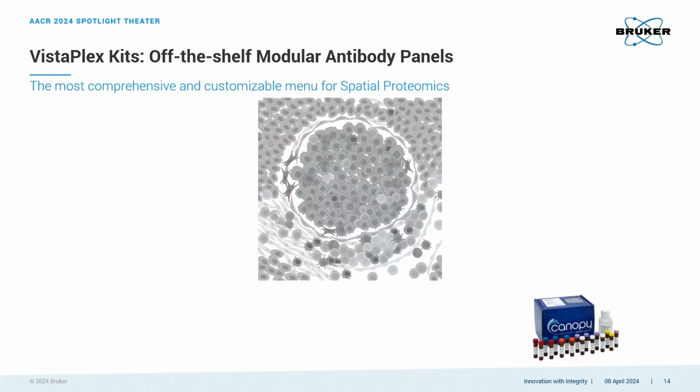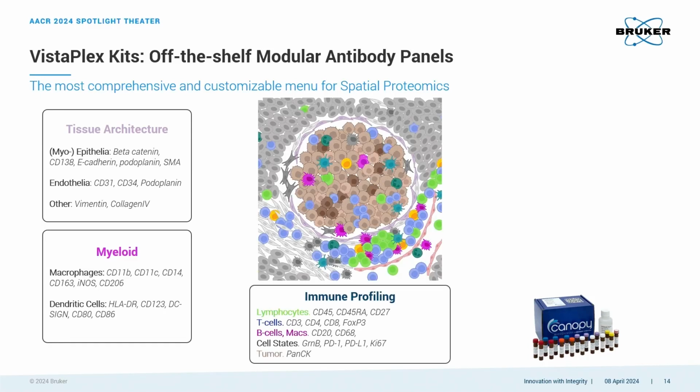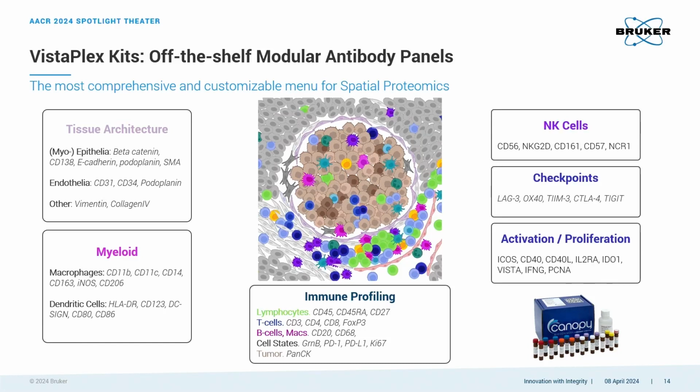So to that end, using that strategy, our goal is by the end of this year to build a comprehensive set of panels or modules, if you want to call them that, that allow you to go into the tumor microenvironment, starting with immune profiling, looking for the lineages and some checkpoint markers. This kit is already available. It's been released, I think, at the beginning of this year.